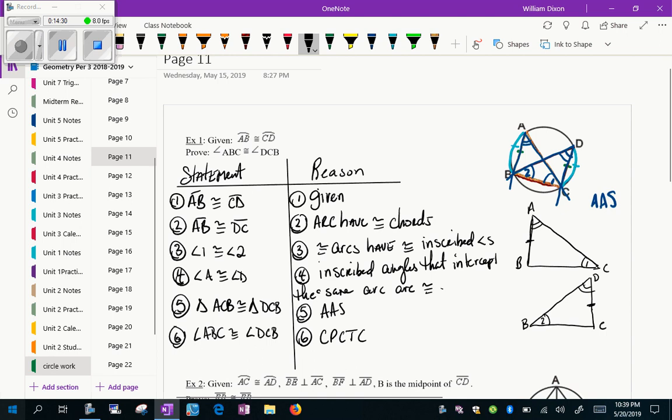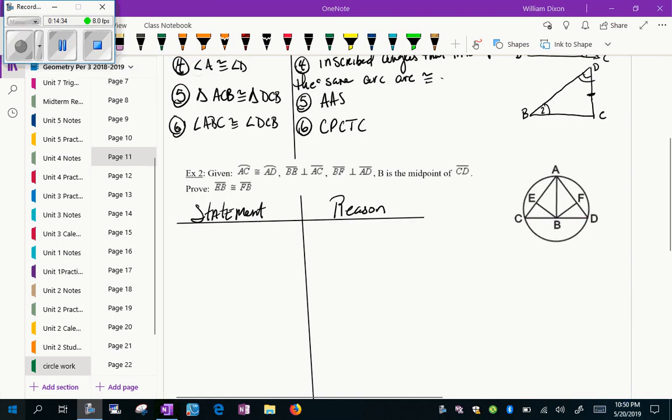Okay, let's take a look at our next proof. All right, example number 2 is actually a little more straightforward. A little longer, but I think you'll be able to see this one easier than example 1. So it says, given that arc AC is congruent to arc AD. So I'm going to mark that now. AC is congruent to AD.